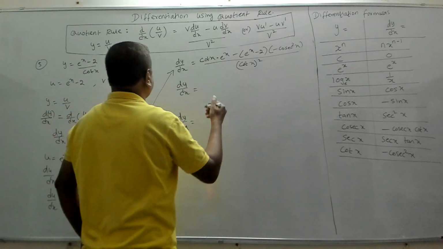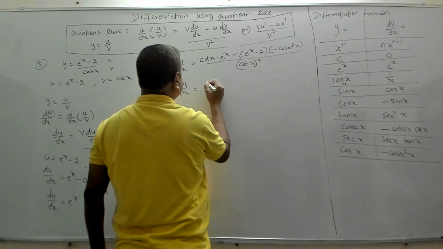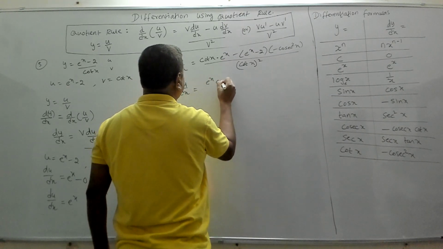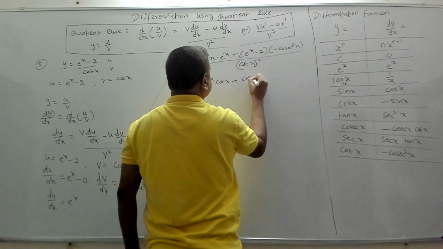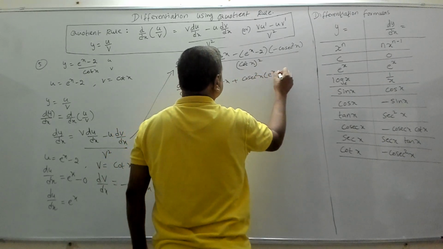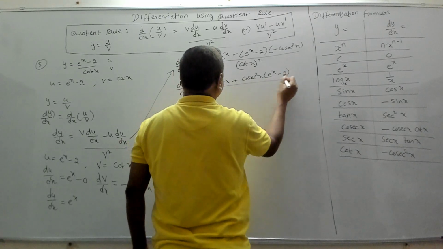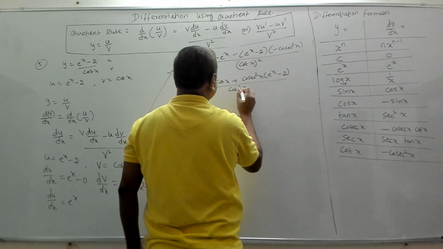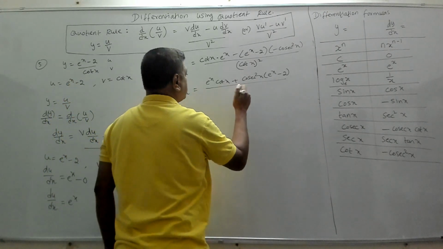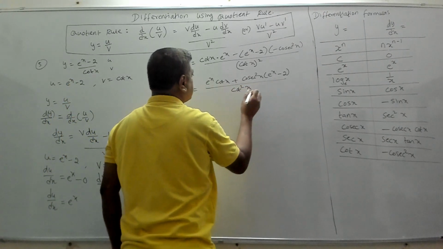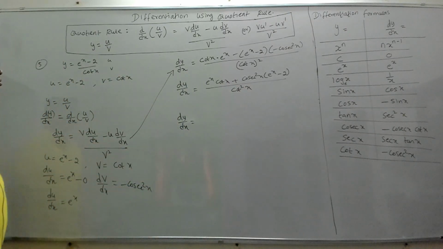Clear? So now if you simplify this, we get e power x cot x, minus into minus is plus cosecant square x into e power x minus 2, by cot square x. This is the final answer.